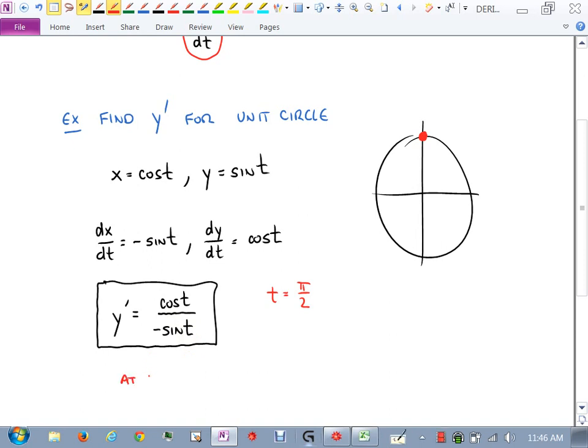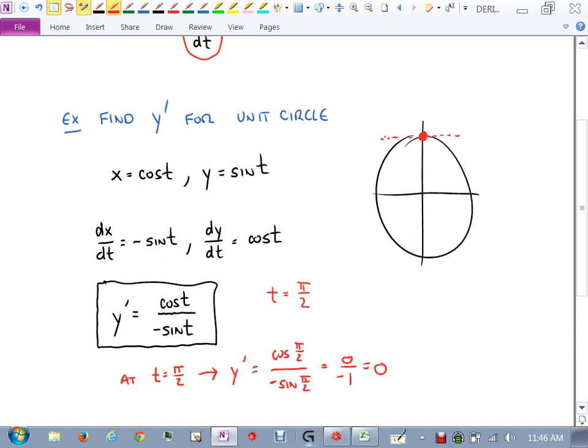At t equals pi over 2, we get that y prime is cosine of pi over 2 over negative sine of pi over 2, which is 0 over negative 1, which is 0, which matches the idea of that being true, right? The slope of the tangent line up there is 0.